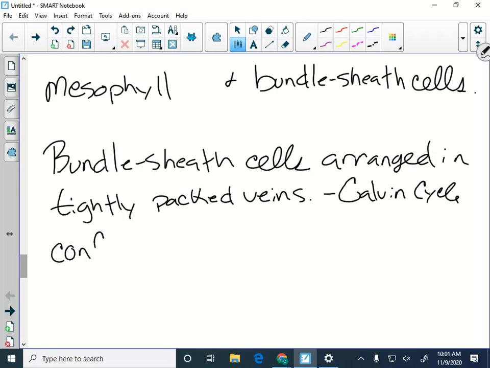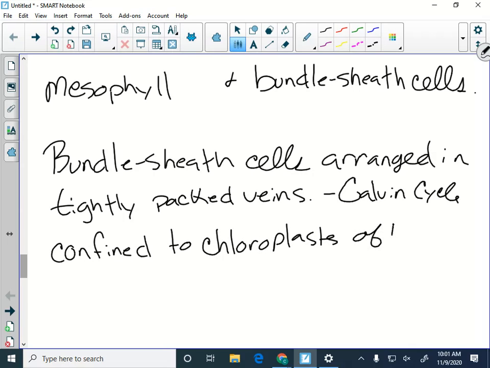So in C4 plants, the mesophyll cells are only for the light reactions, and the bundle sheath cells are where the Calvin cycle takes place.